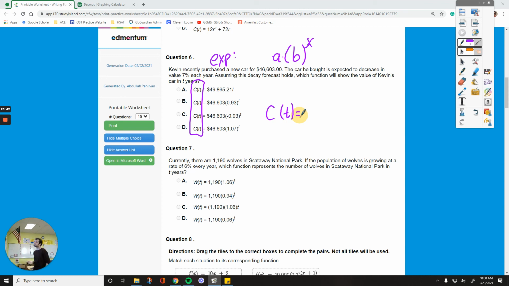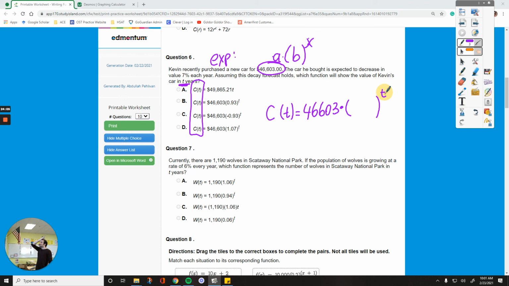Let's read the question. The initial value is this, so I know that that's my first number. Times, I need a ratio and then a variable in the exponent. So the variable is t, looking at all of the options. In t years, that goes in the variable exponent.